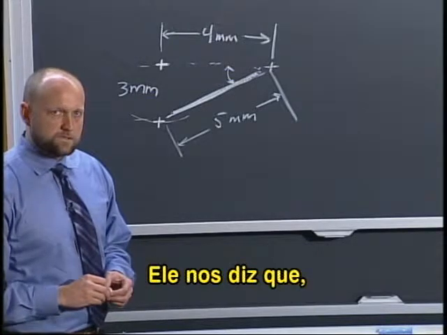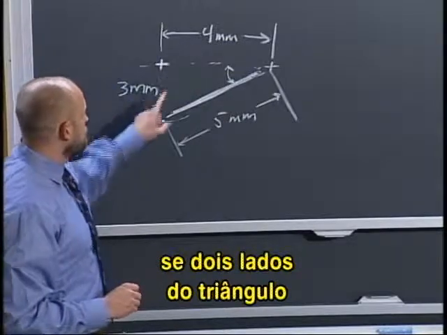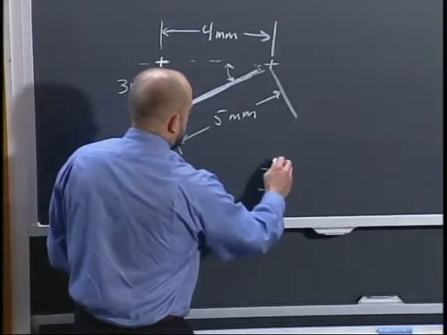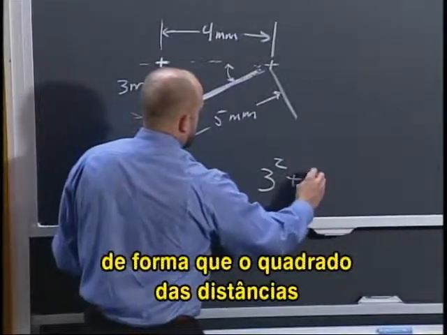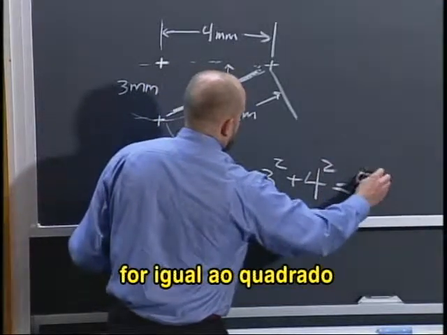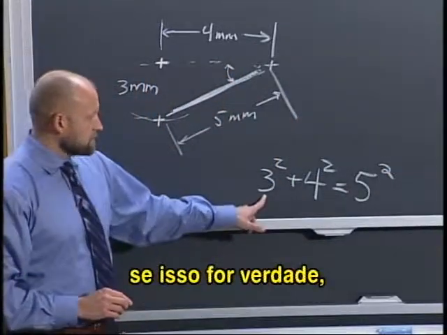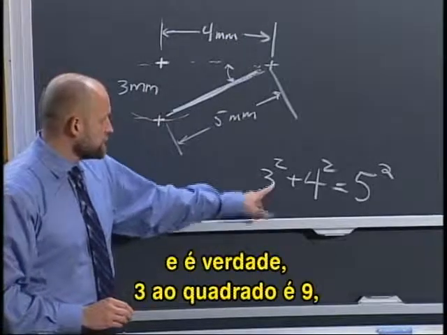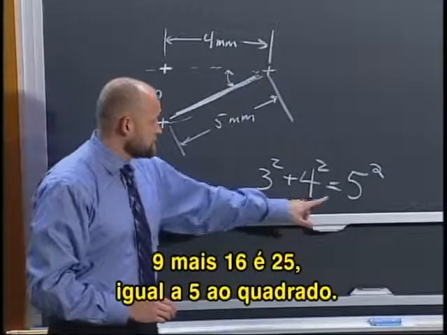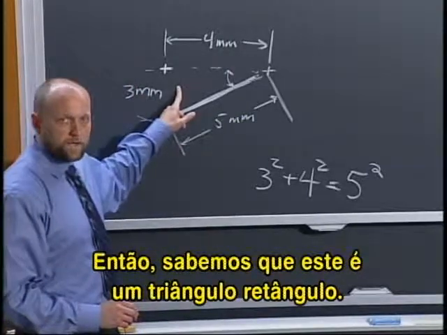What that tells us is that if the squares of the lengths of the two legs of the triangle add up to the square of the last leg, which is true here, since 3 squared is 9, 4 squared is 16, and 9 plus 16 is 25, which is 5 squared, then this must be a right triangle.